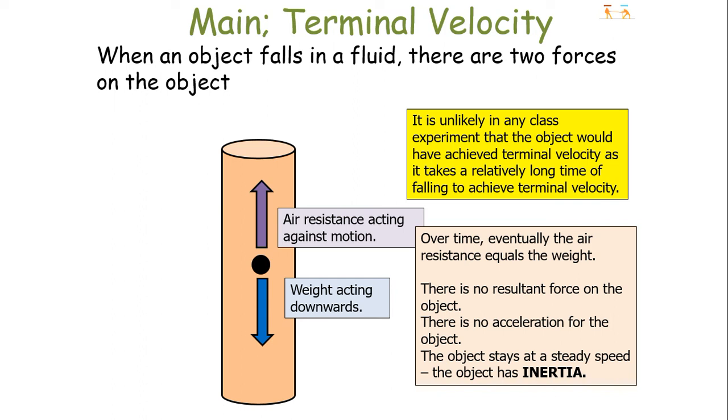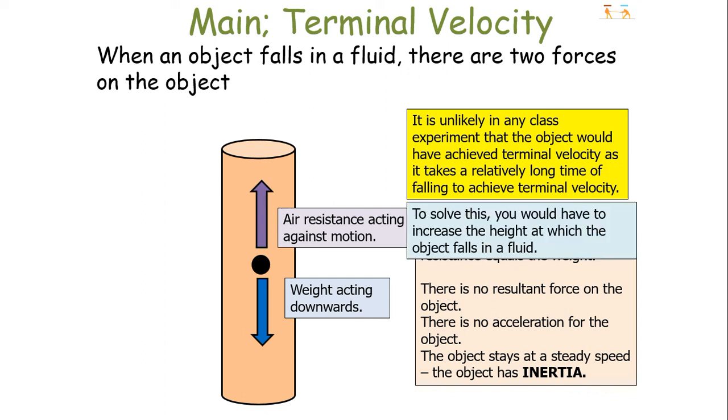So, unfortunately, we can't really achieve terminal velocity because it's that final step in the journey, not the initial step, and in most classrooms you won't have an object falling for a prolonged period of time to obtain this.